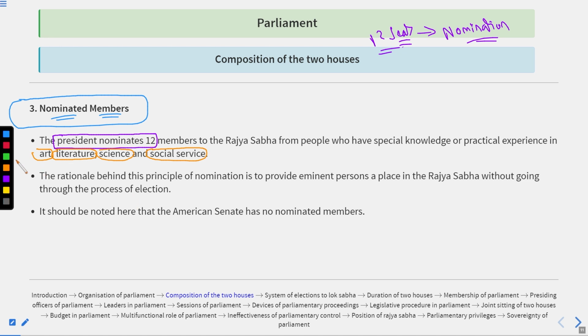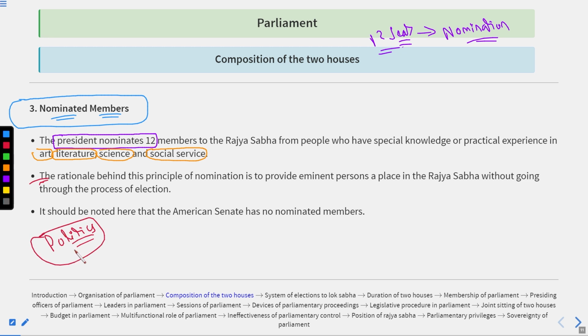All right. The rationale behind this principle of nomination is to provide eminent persons a place in the Rajya Sabha without going through the process of election. Why? Because they might be good in art, literature, science, or social service, but they might not be good at politics because they do not have any political background.